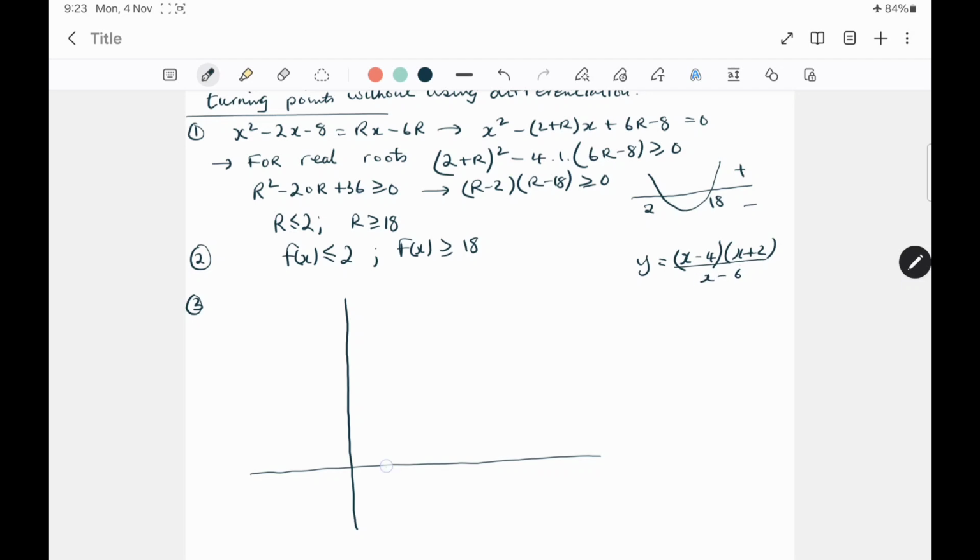It's very obvious that you will have an asymptote where x is 6. All right, and x is 6. This is the other asymptote, y equals x.